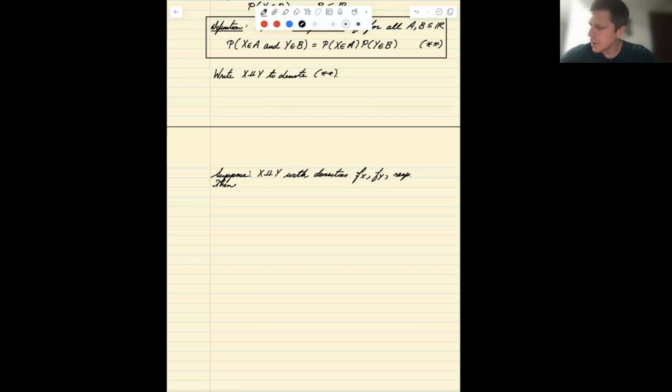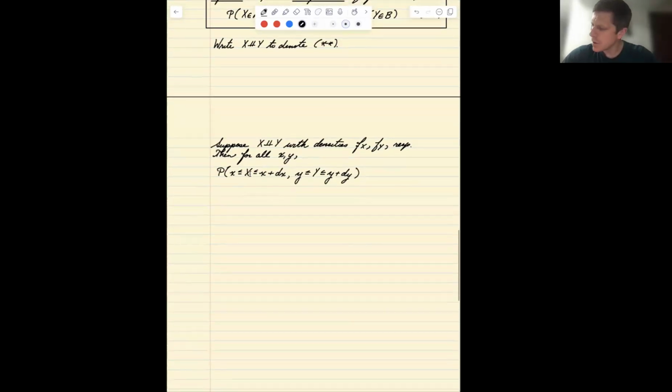For all x and y, we can consider what's the probability that X is within a small window dx of little x and Y is within a small window dy of little y.